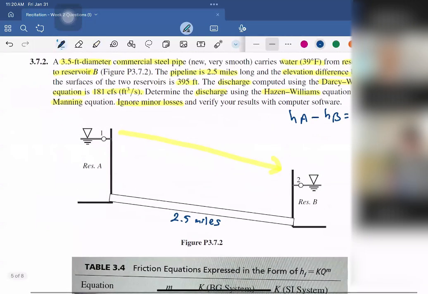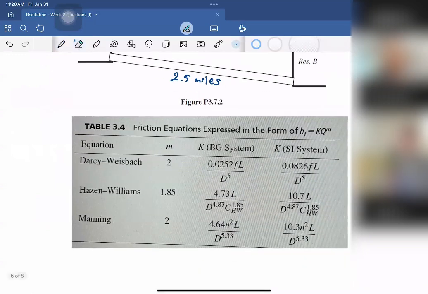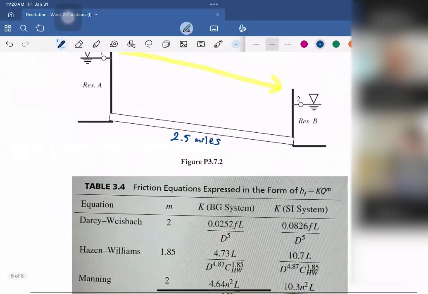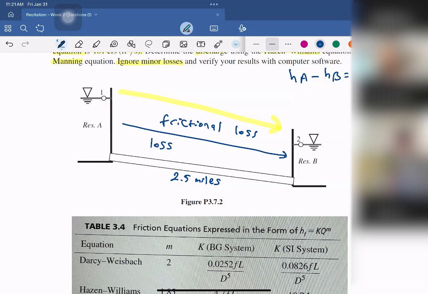And of course, we are not ignoring minor losses every time, but I think in the next question we will start considering minor losses as well. So since there is no minor loss here, we only have frictional loss or loss through the pipe.